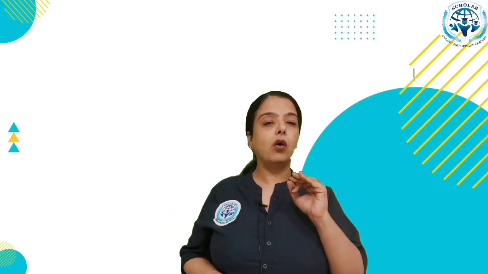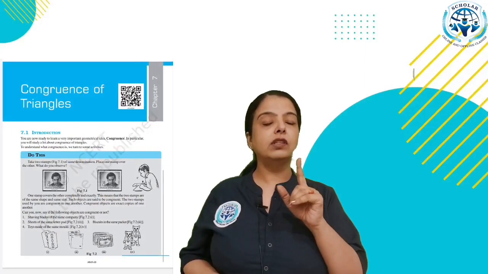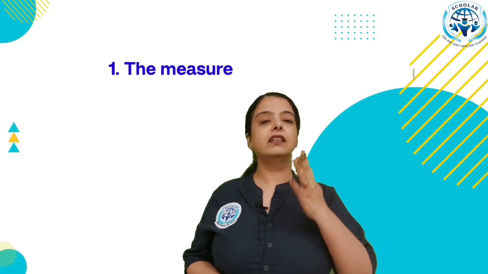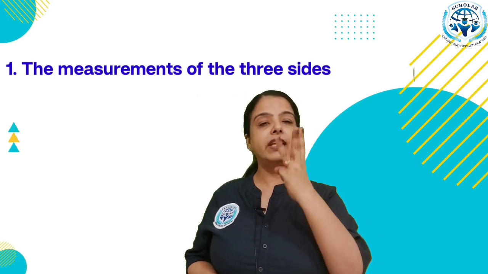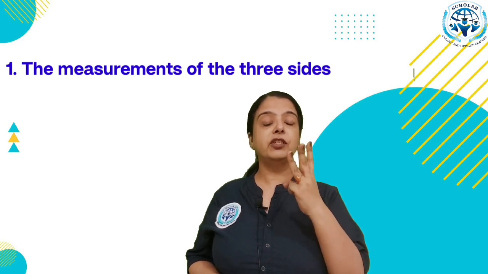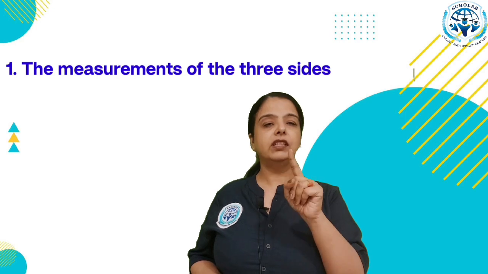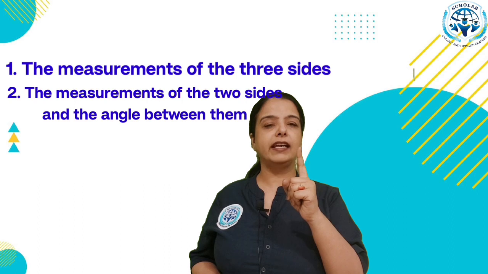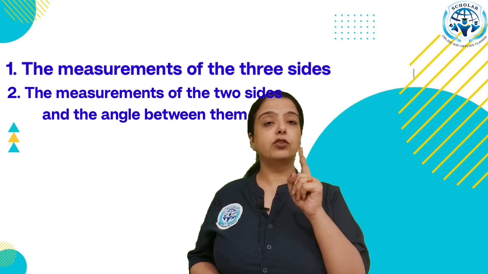Now, let us recall the main points of the lesson on congruence of triangles. Number 1, we can draw the triangle if one of these sets are given. If the measurements of the three sides of a triangle are given, then we can draw the triangle. If the measurements of two sides and the angle between the two sides are given, then we can draw the triangle.